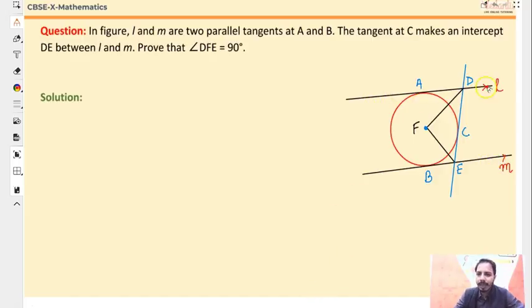Now, line L touches the circle at point A and line M touches the circle at point B. Now, there is a tangent at point C, and this tangent at C makes an intercept DE between these parallel lines L and M. Now they are connecting point D to the center of the circle F and point E to the center of the circle F. Once they connect it, they are saying prove that this is a right angle triangle, a 90-degree angle. How will you do it?